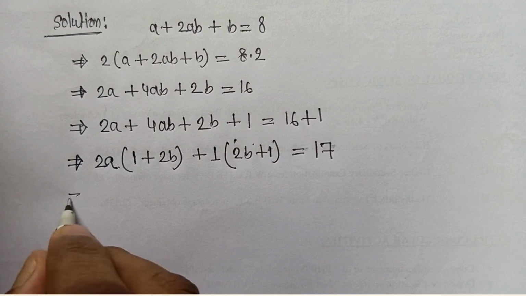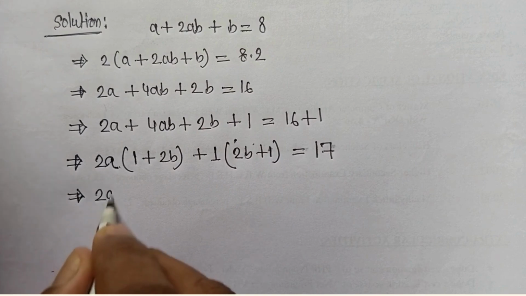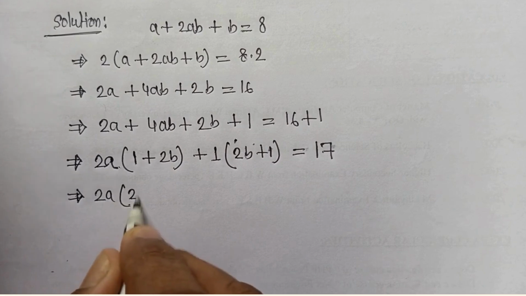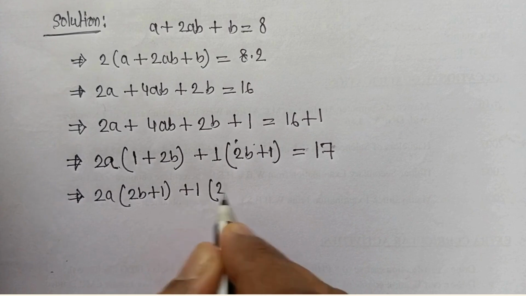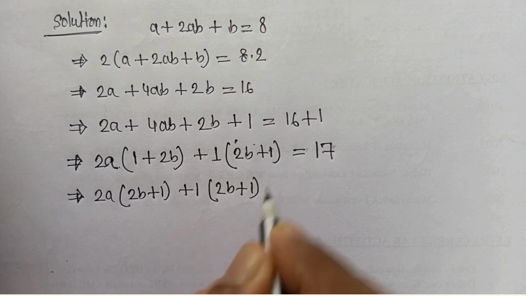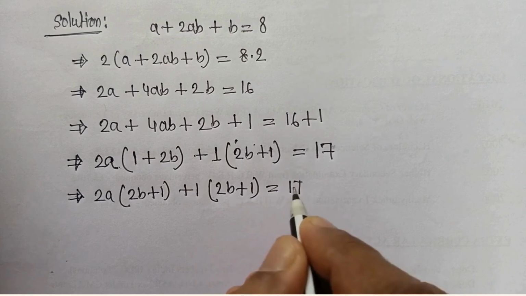Now we can write this as 2a(2b + 1) + 1(2b + 1) = 17.